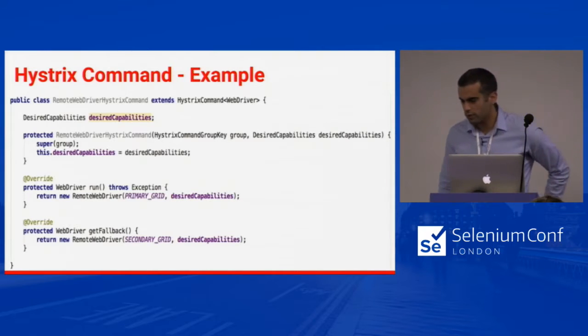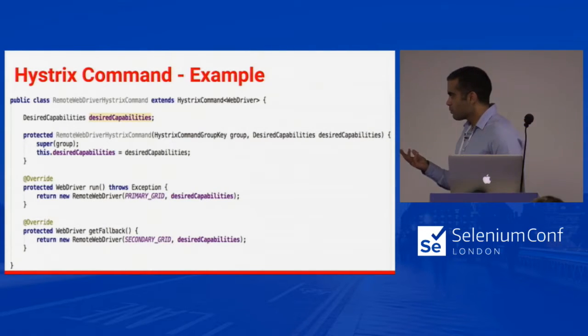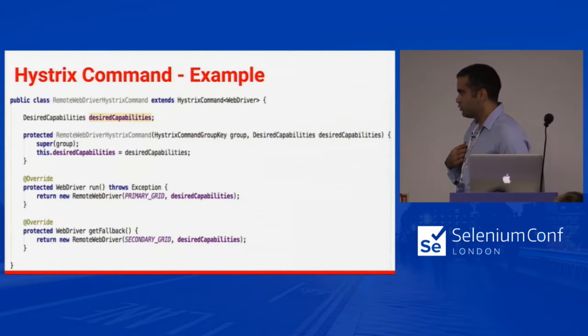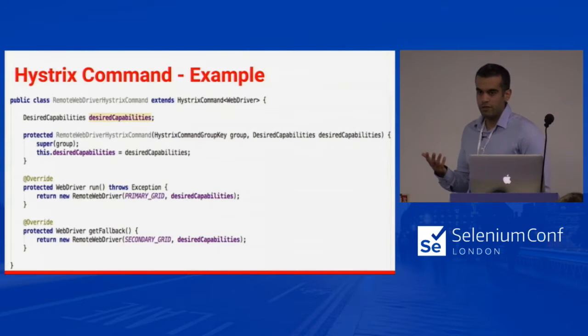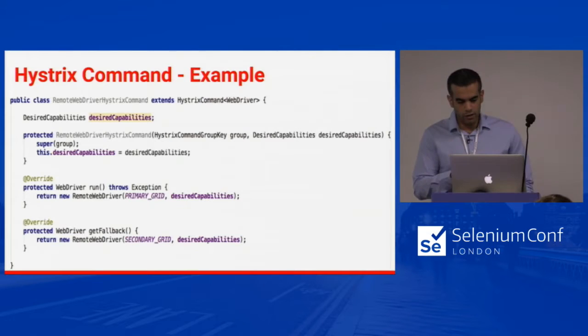Here's, for example, a Hystrix command. Instead of just calling our grid and asking it for a new remote web driver session, we wrap this invocation inside the Hystrix command. So basically we get all the safe functionality that Hystrix provides by just implementing the command invocation inside its API.